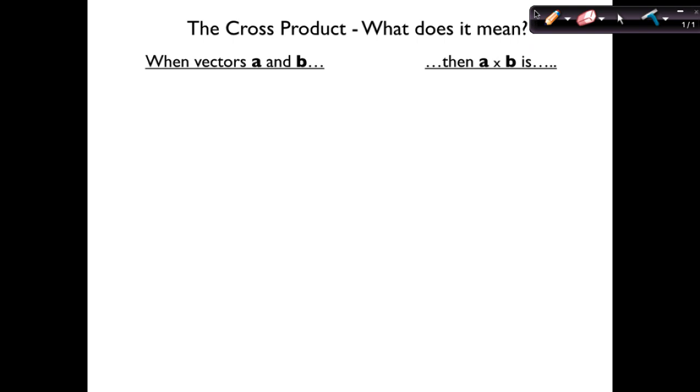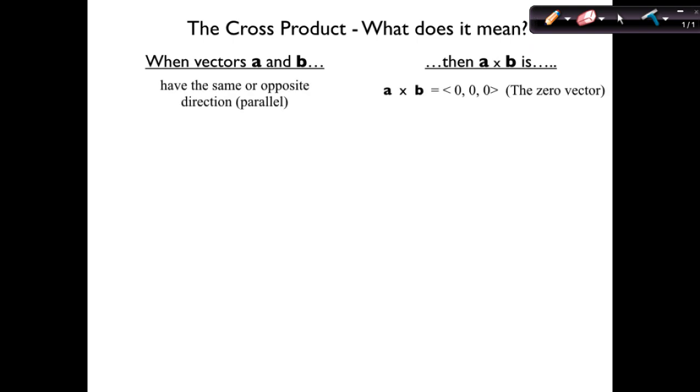Okay, so when the vectors were in the same direction or in opposite directions, we can summarize those two cases as what? Parallel, right? Parallel vectors, opposite or same direction. You get the 0 vector. Okay, another observation that you made.